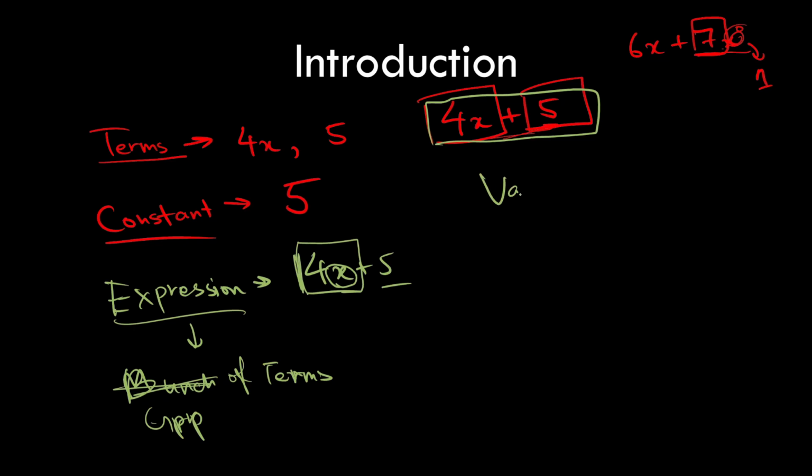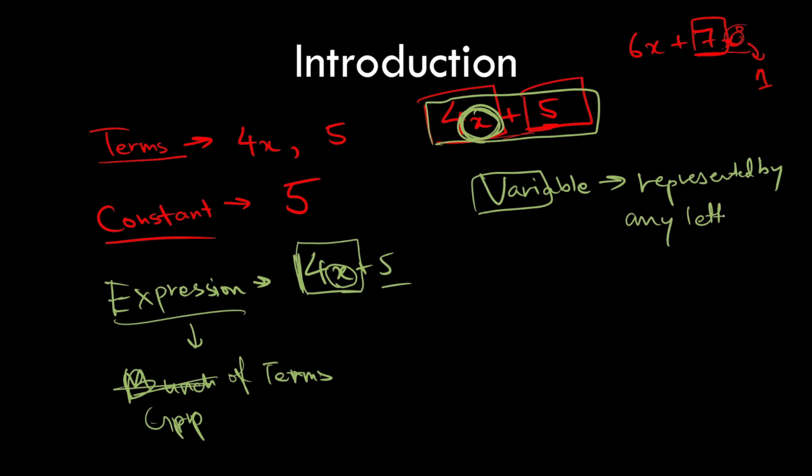Talking about a variable, a variable is basically a part of a term which can vary, and it is represented by any letter such as x, y, z, a, b, c.